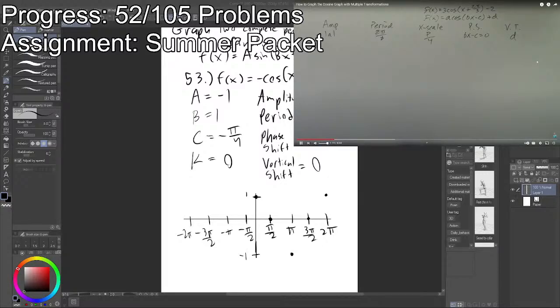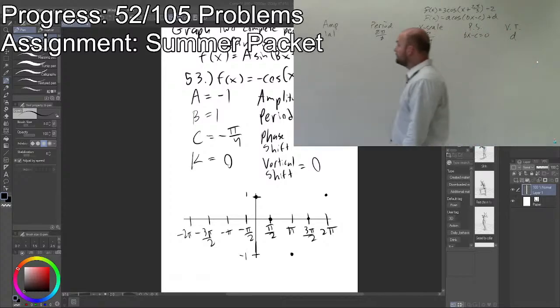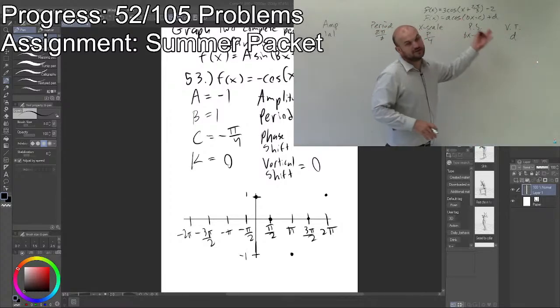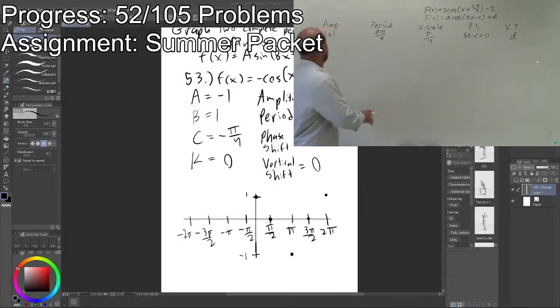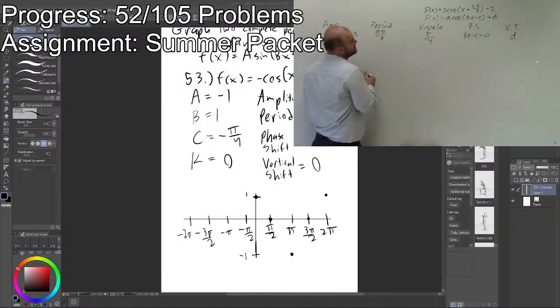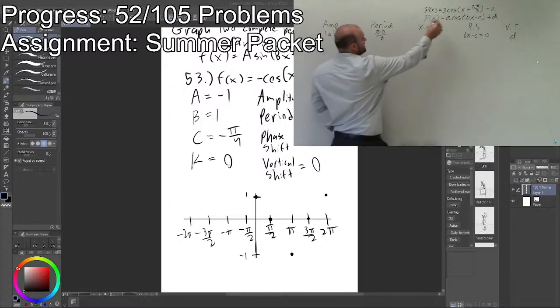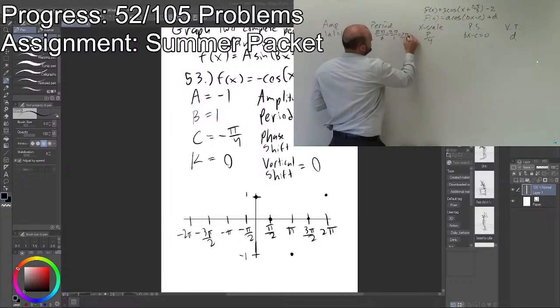To go ahead and solve for each one of these, all we're simply going to do is look at our values for a, b, c, and d in our equation and just plug them in. So absolute value of a, absolute value 3 is equal to 3. For period, you have 2 pi divided by b. Well, b in this case is 1, so it's just 2 pi divided by 1, which is just 2 pi.